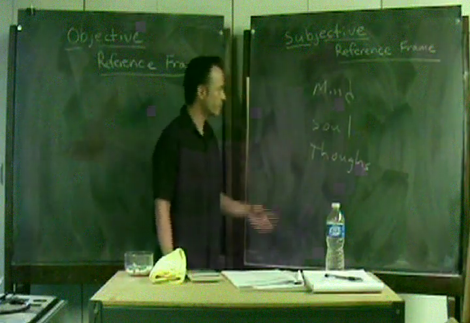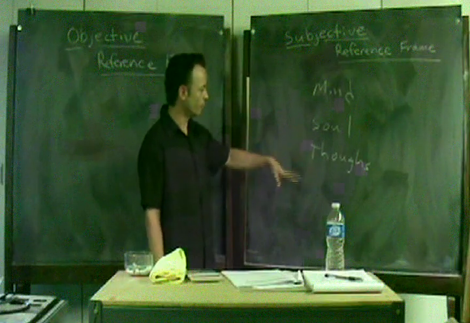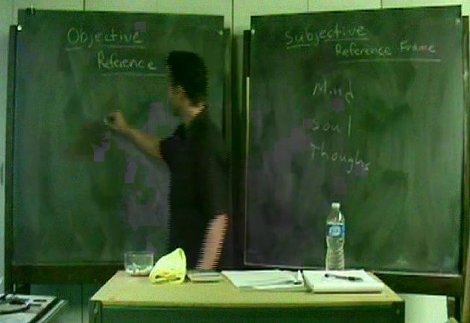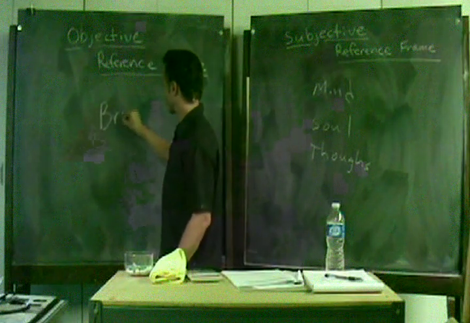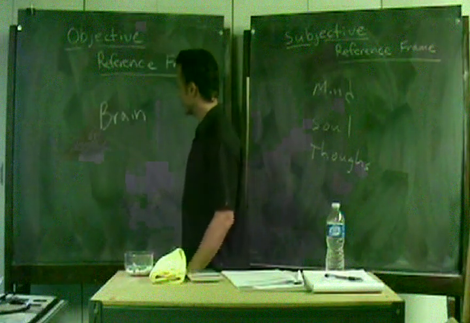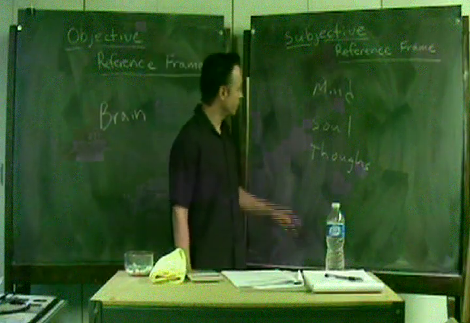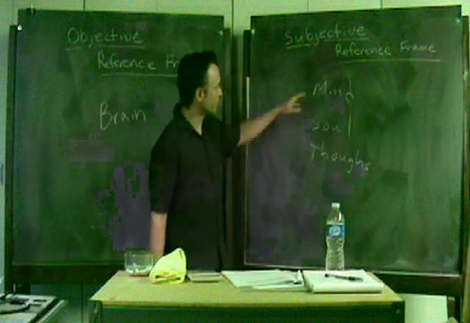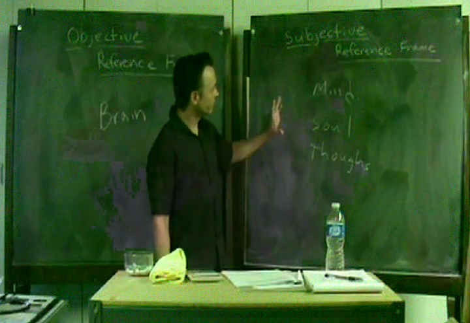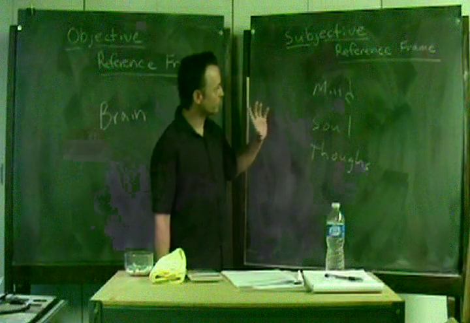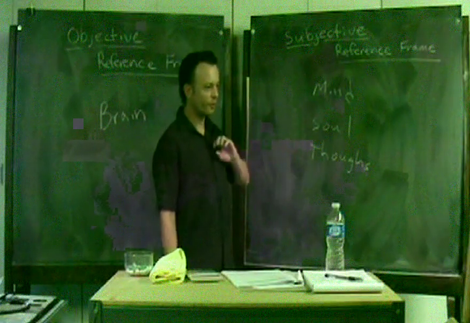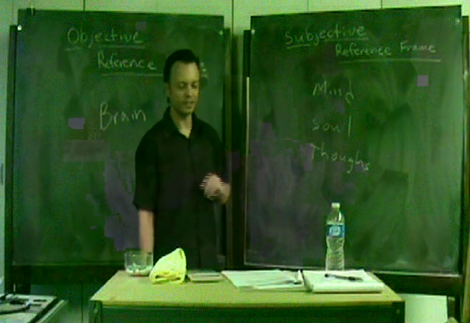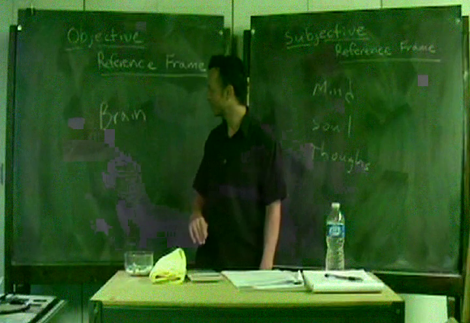Though it can be argued very strongly, not necessarily for the soul, but more for thoughts and mind, that there is a physical component, a brain, just because there's a brain does not mean that thoughts and mind are not something completely orthogonal, independent, completely distinct from a brain.